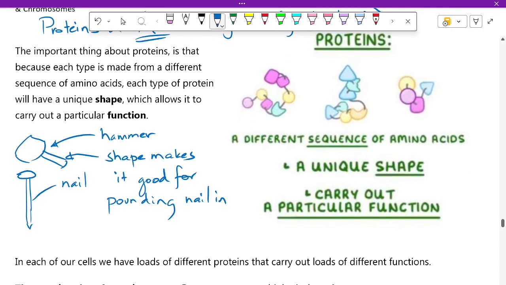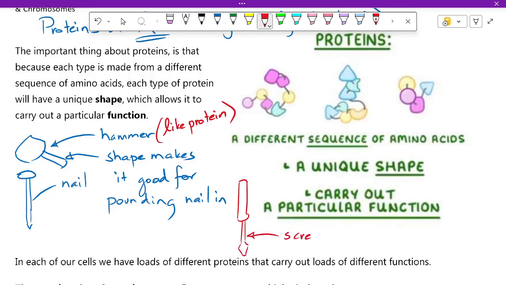You don't have to draw it. This is an analogy for you, okay? So the hammer is like the protein. Its job depends upon its shape. Yeah? If you have a screwdriver, is the screwdriver good at hammering things?